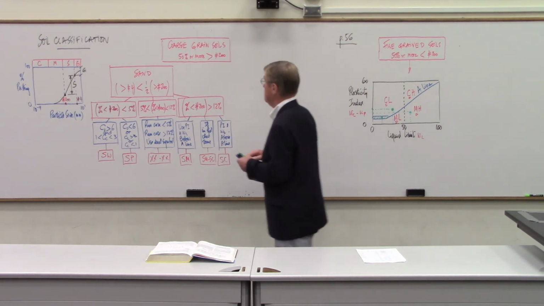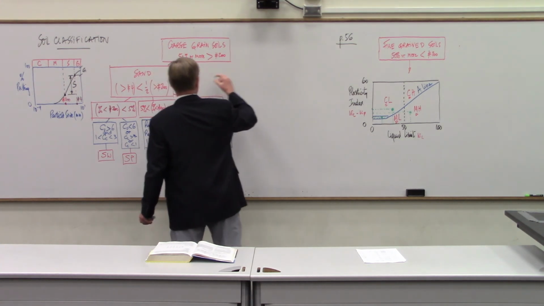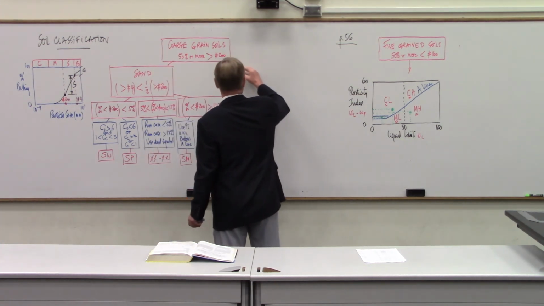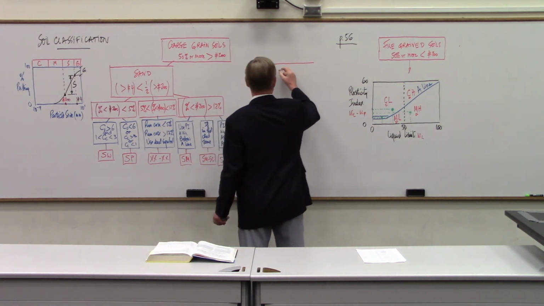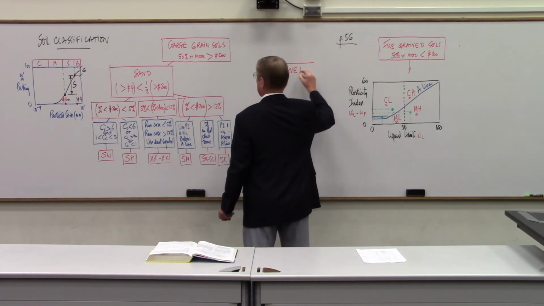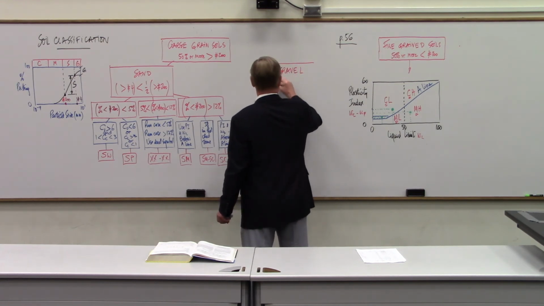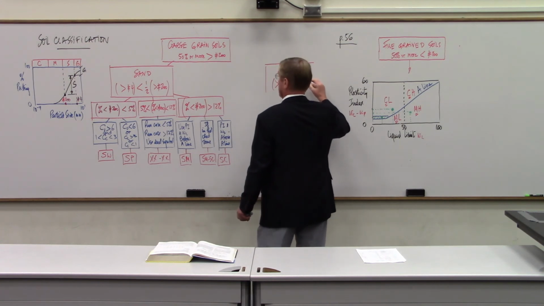If you are here, right here, then you will have gravel if the portion larger than number 4 is more than 1/2 the portion larger than number 200.